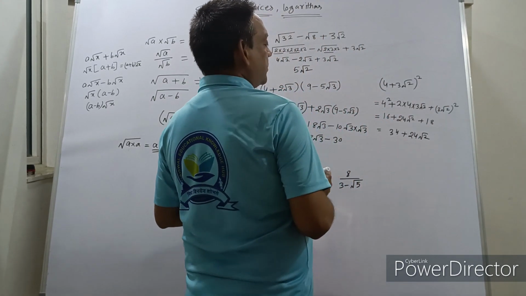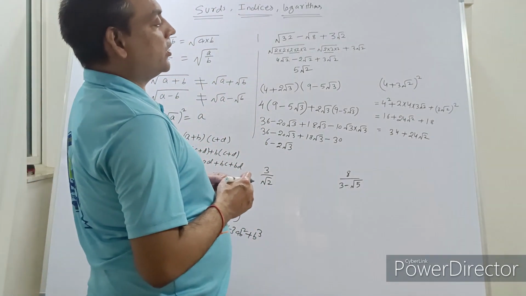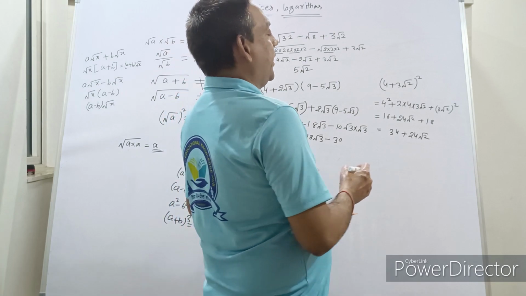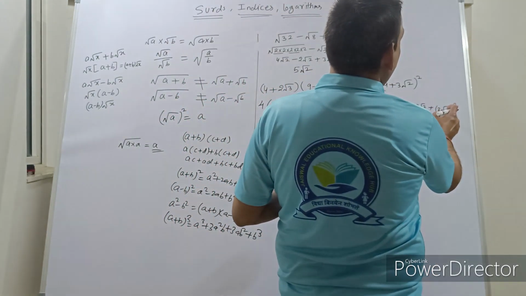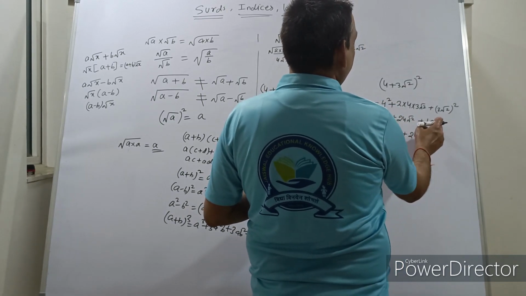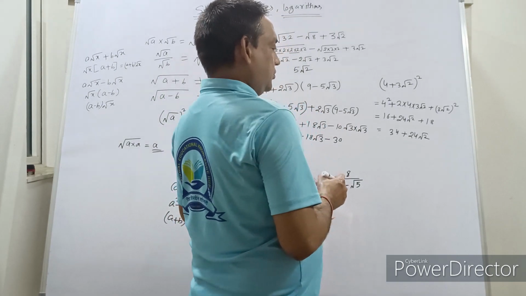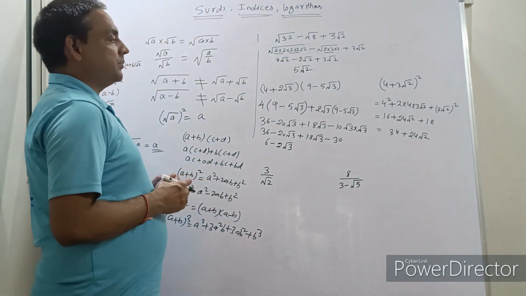Okay, 4 square is 16, 2 fours are 8, 3 eights are 24, 24 root 2, and 3 square is 9, 9 into root 2 square which is 2, so 9 twos are 18, 16 plus 18 gives you 34 plus 24 root 2. Okay, this is multiplication.